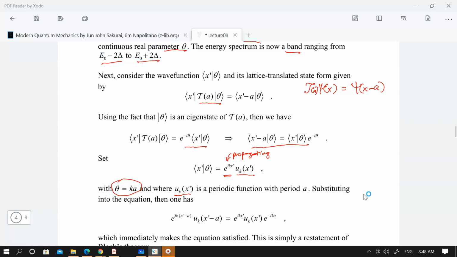So this is like your modulation, and then you have the carrier wave. So this is the propagating carrier wave. And the modulation must follow the periodicity of your lattice or your potential. So in other words, what we need is that this modulation factor will be a periodic function with the period a. Okay.